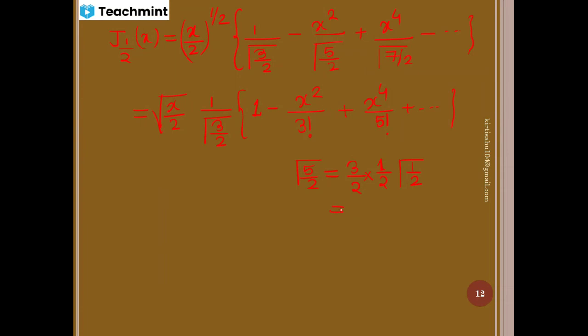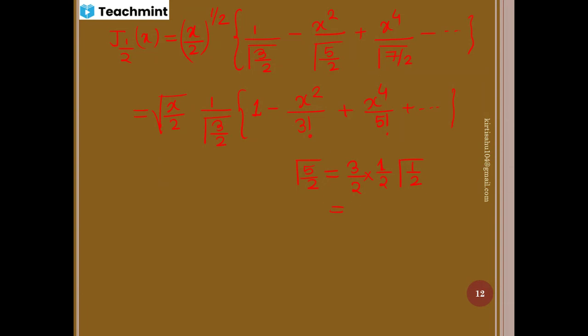Now I have taken gamma of 3 by 2 outside. So what is the value of gamma of 3 by 2? That will be half gamma of 1 by 2. This is outside. So what is left is 3 upon, so that gives you 3 factorial.